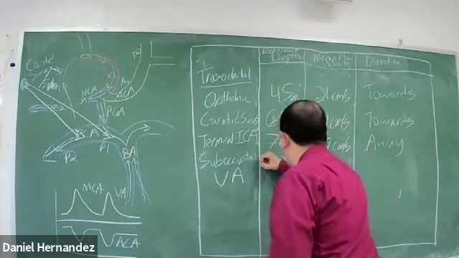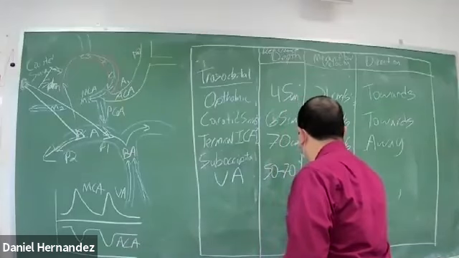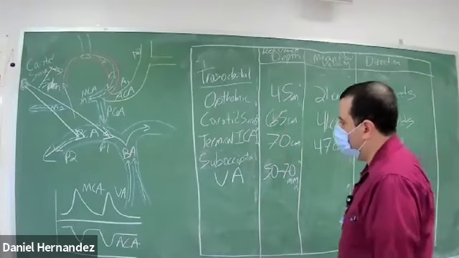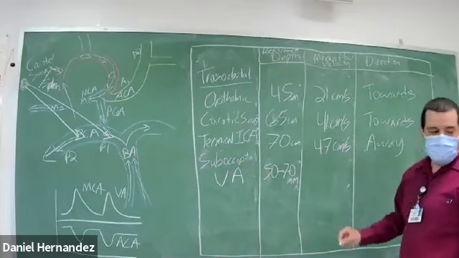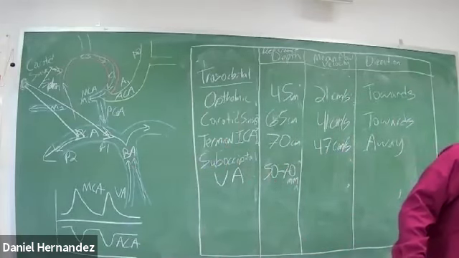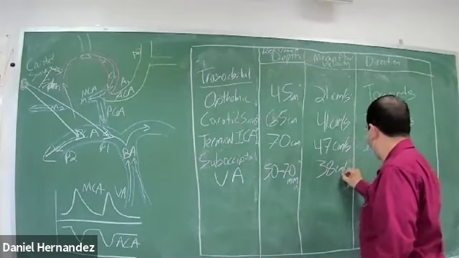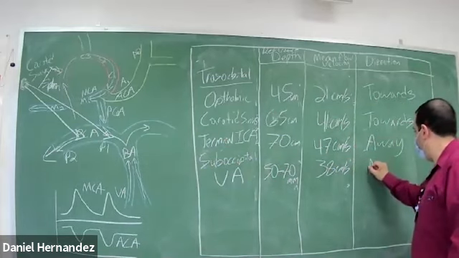Depth is going to be between 50 and 70 millimeters, depending on the segment that you're imaging. The mean velocity for vertebral is going to be 38. It's going to be away.